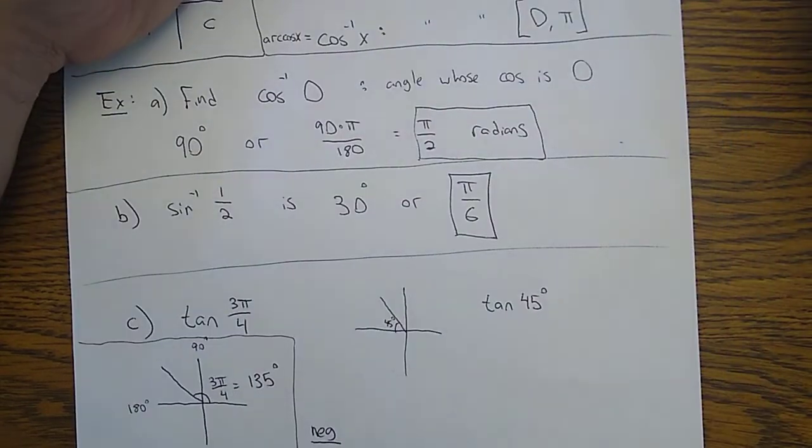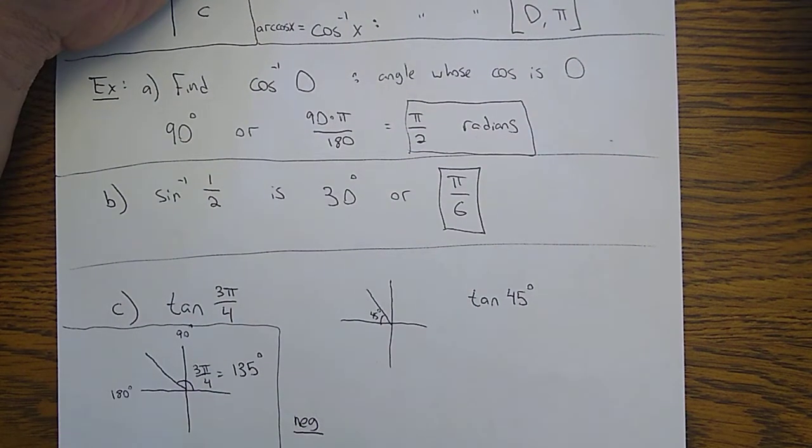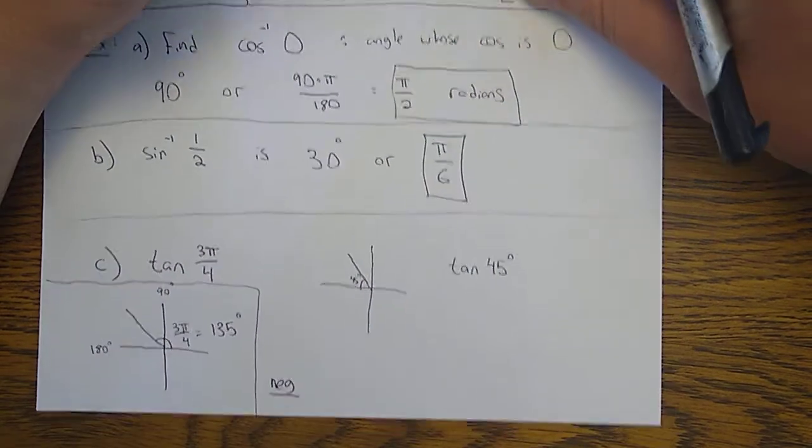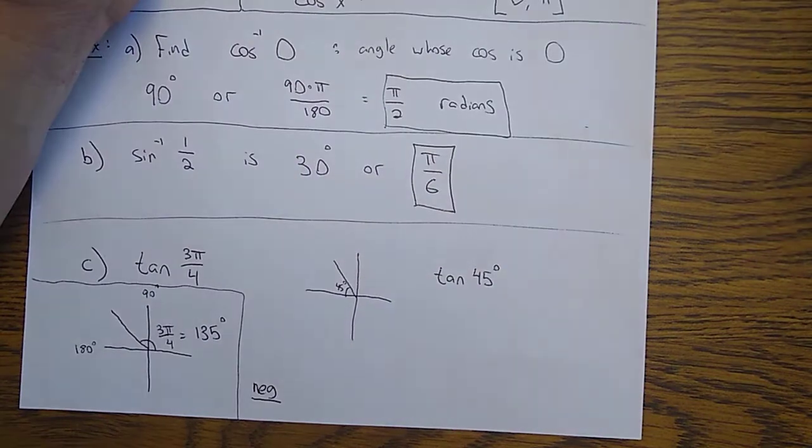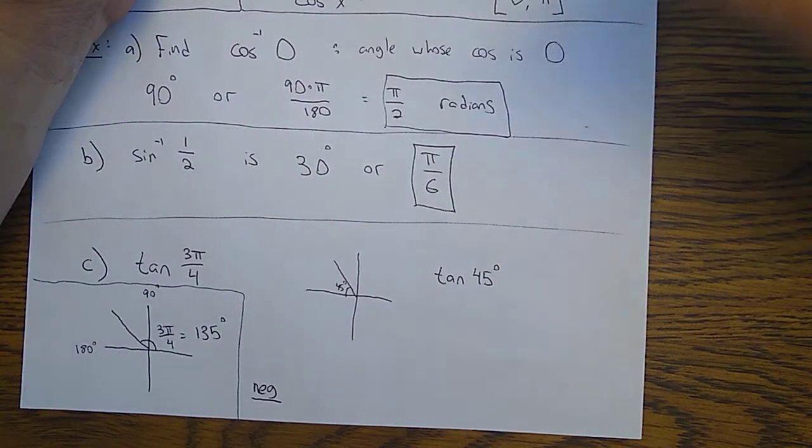And for right now, I'm just going to do stuff in degrees. In the end, I'm going to have to make sure not to use degrees, but as I do my work, it doesn't really matter.